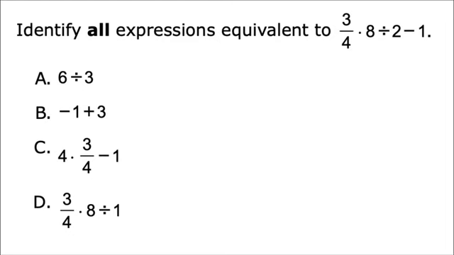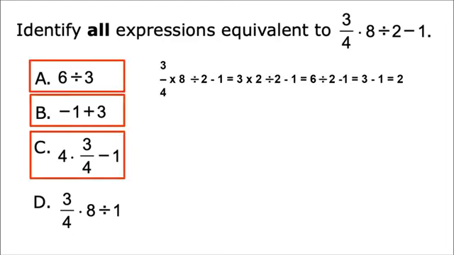Okay, now that you worked on the problem, let's see if you got the correct answer. So if you said A, B, and C, then you are correct. How do we do this? First we need to evaluate the expression that we have here. Let's make our life easy. You don't have to do 3 times 8.